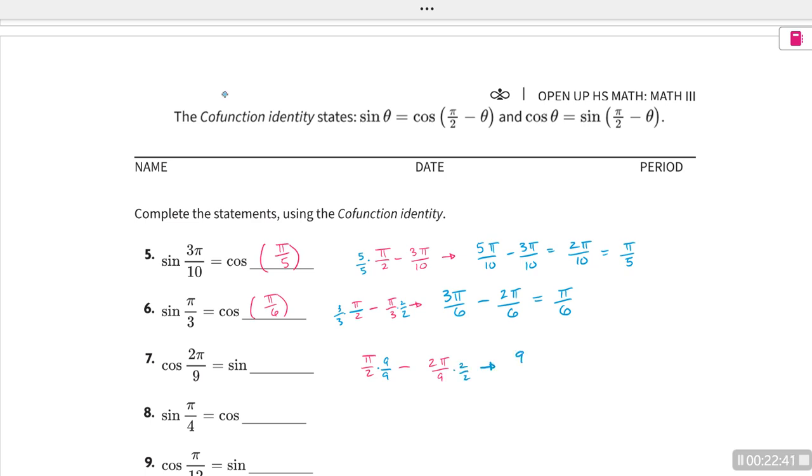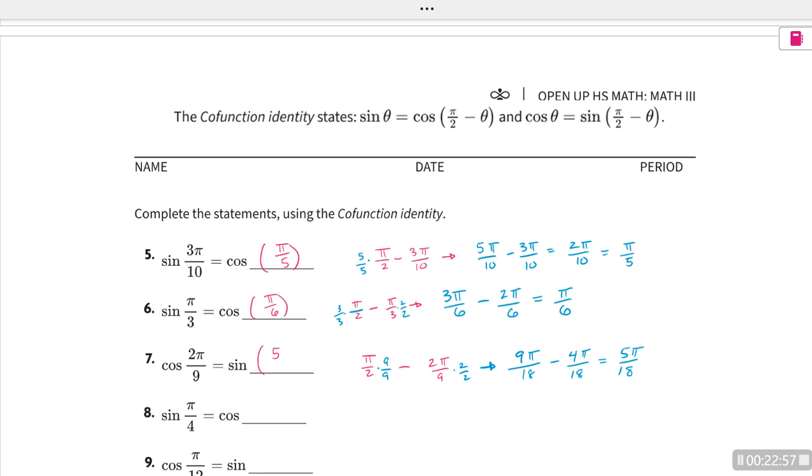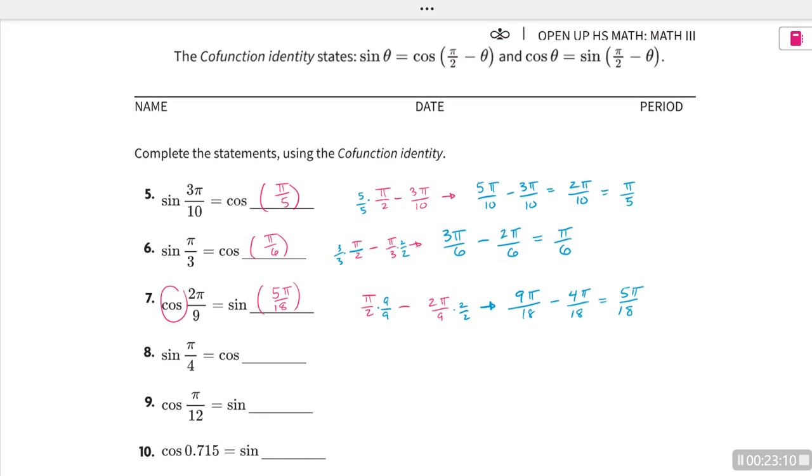So that gets me 9 pi over 18 minus 4 pi over 18, which is 5 pi over 18. So let's fill that in. Sine of 5 pi over 18. Notice that it changed from giving me sines to cosine, but I still am subtracting our angle from pi over 2. So that did not change.